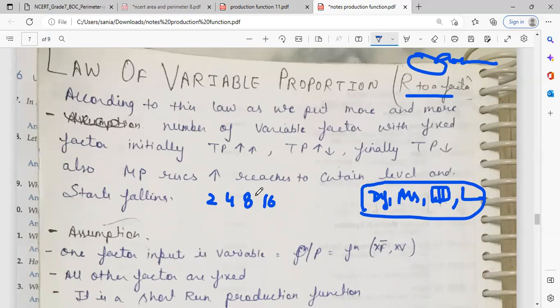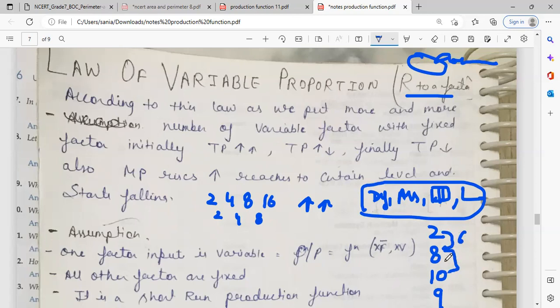You can see it is increasing, right? 2 to 4, the difference is 2, and 4 to 8, the difference is 4, and 8 to 16, the difference is 8. So you can see it is increasing at increasing rate. But for example, if I told you 2, then 8, then 9. Over here you can see 2 to 8, the difference is 6.